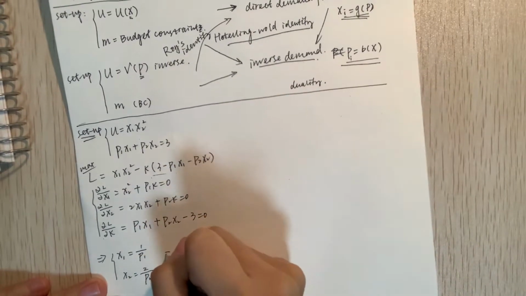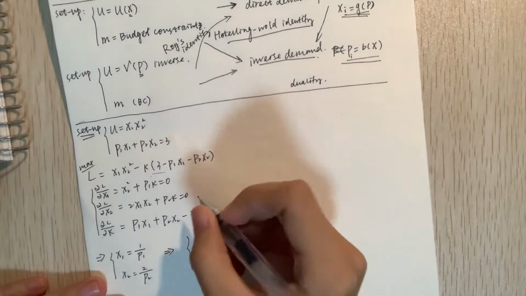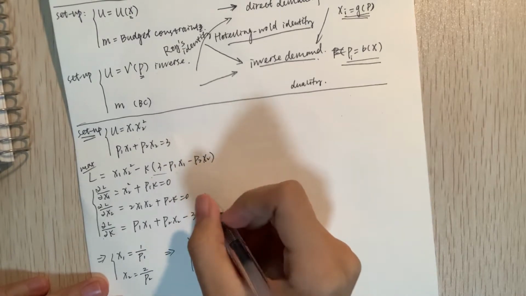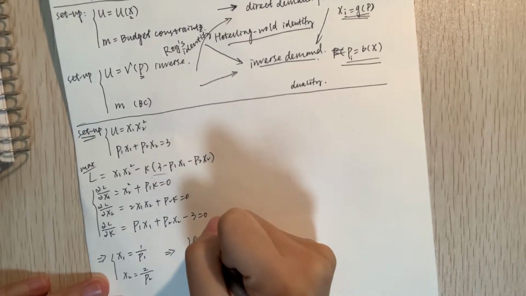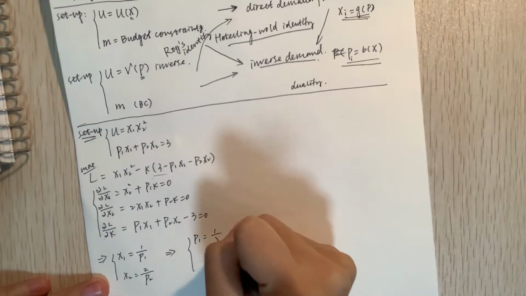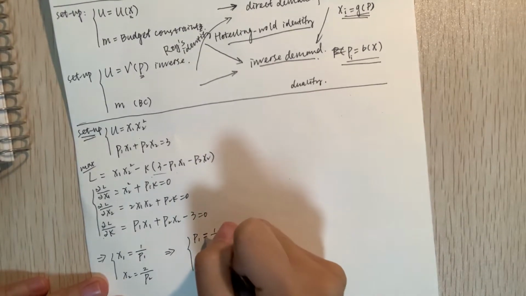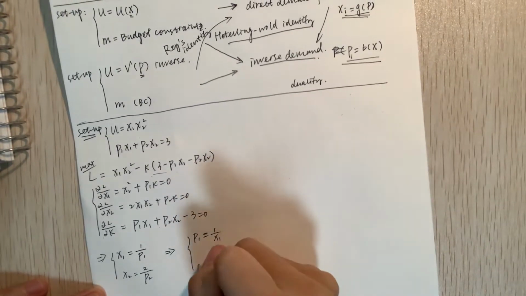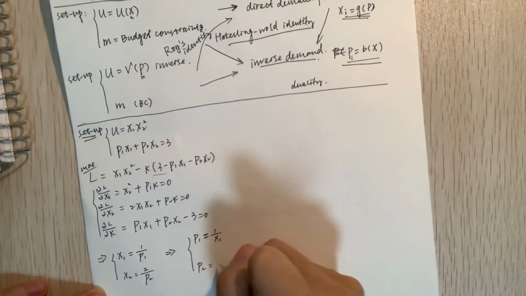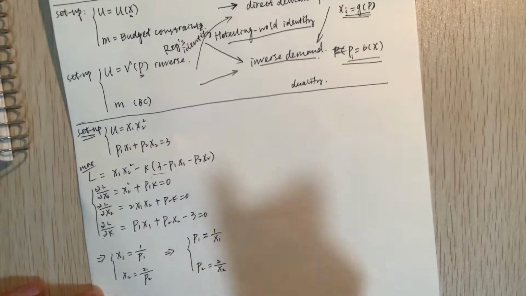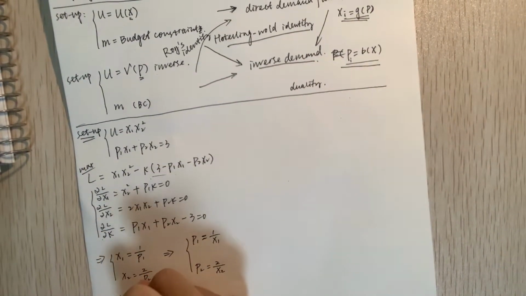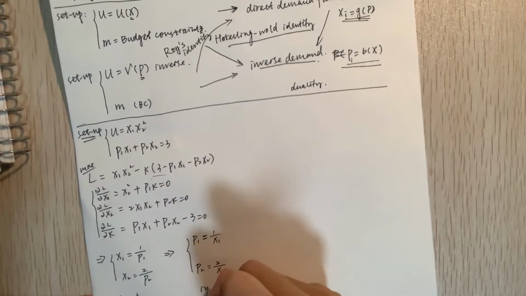Now rearrange it, and we will get the inverse demand function. Thanks to the special Cobb-Douglas functions, they look quite similar to each other. It's just like looking in a mirror: this is the direct demand, and this is the inverse demand.